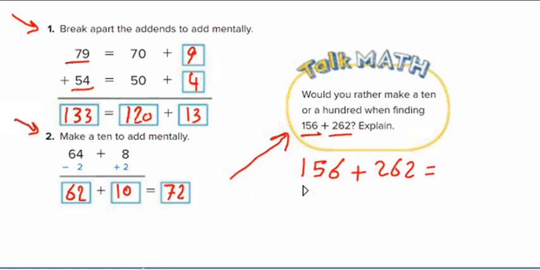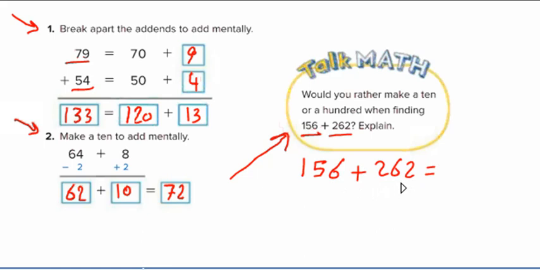But if you think how to make a 10, 156 needs how many to be 160? Yes, needs only 4. So it is easier to make a 10. Also 262. How many do I need to make 300?